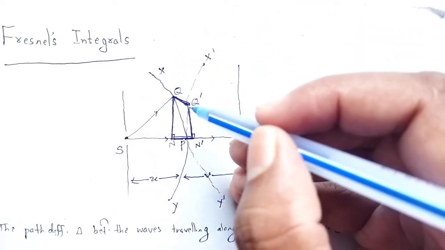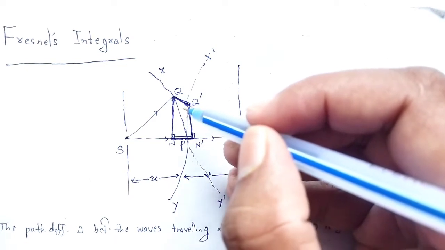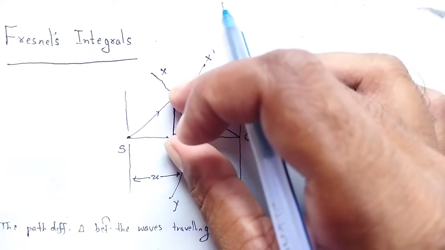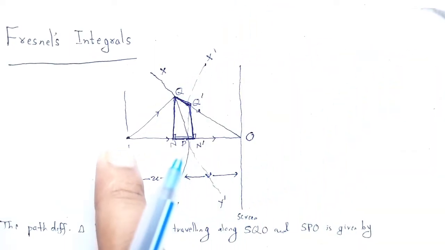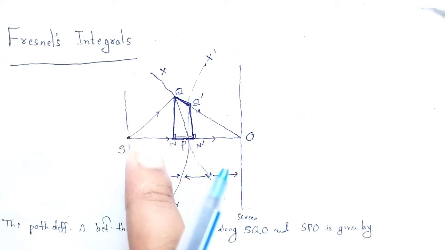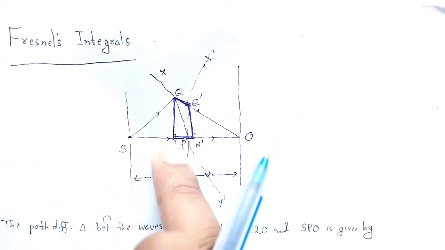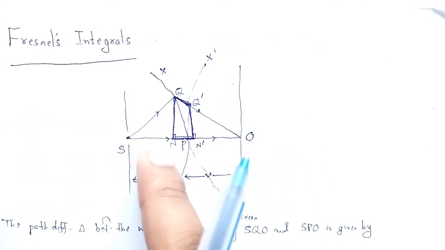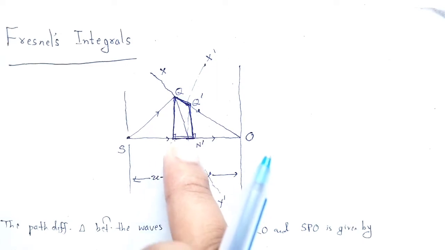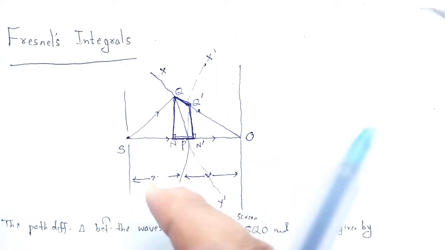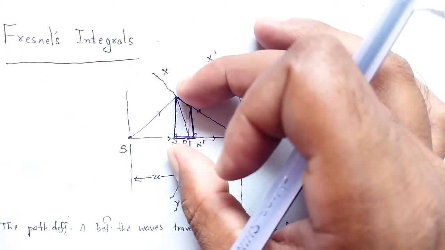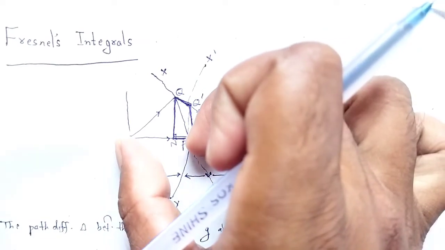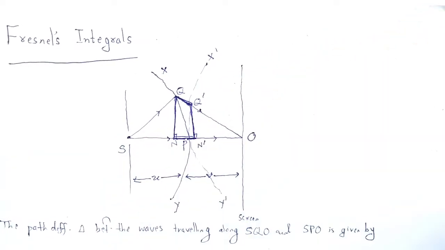From S, SN is perpendicular to QN. According to the geometry, the value of PN is equal to the square of NQ divided by 2 times the radius SP.